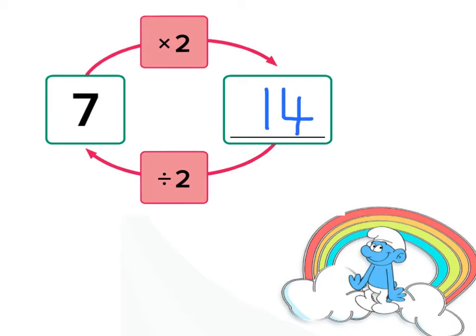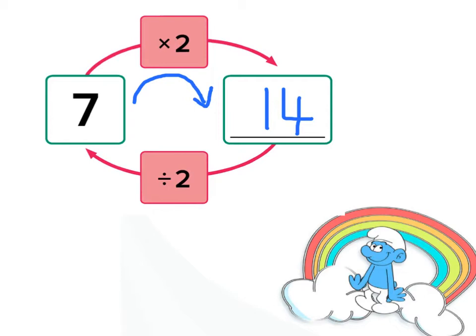What is the relationship between this 7 and this 14 with the timesing by 2 and the dividing by 2? Well, I know that double 7, remember when we do our 2's, it's just double. So if you know your double strategy, you can do your 2 times tables. So 7 times 2 is the same as double 7 is 14. 2 times 7 is also 14.